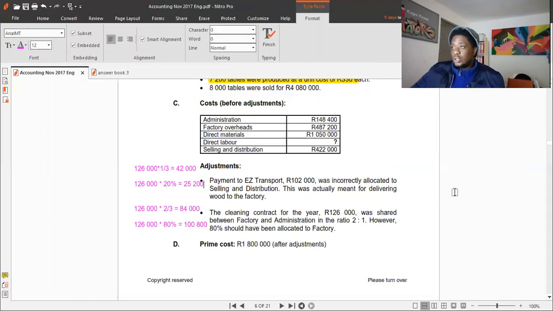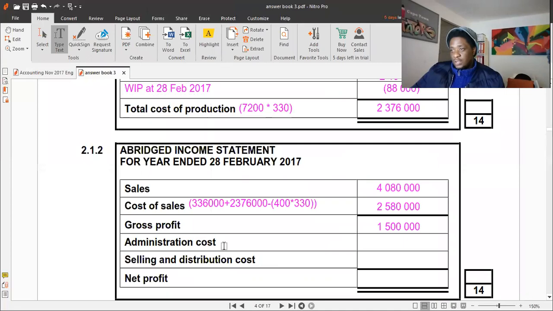So what you need to do in this case would be to take the 148,400, subtract the 42,000 that was not supposed to be included, and then include the 25,200 that was supposed to be included.